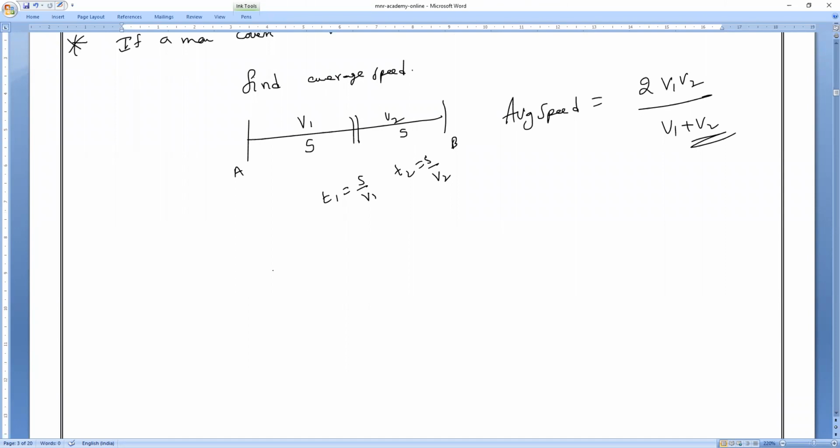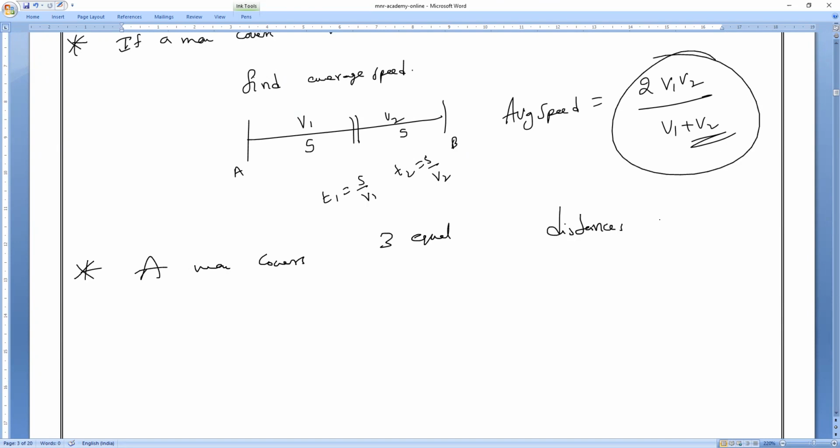A man covers three equal distances. It's not two. Two means this is the formula. Three equal distances with speeds V1, V2 and V3.